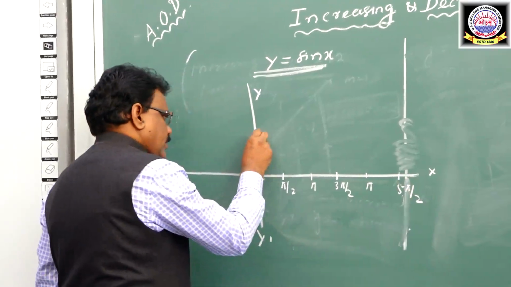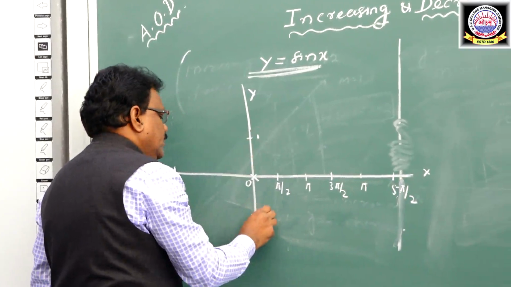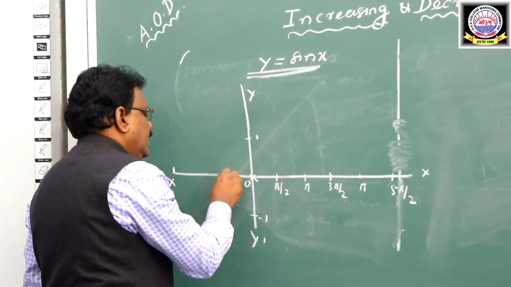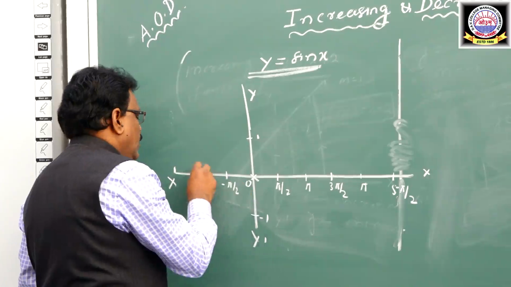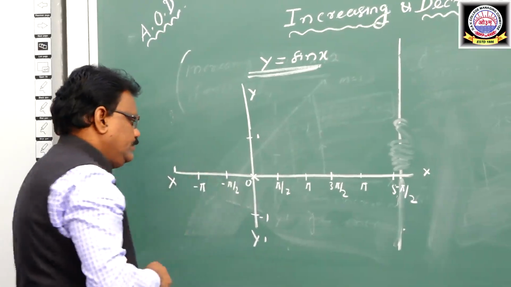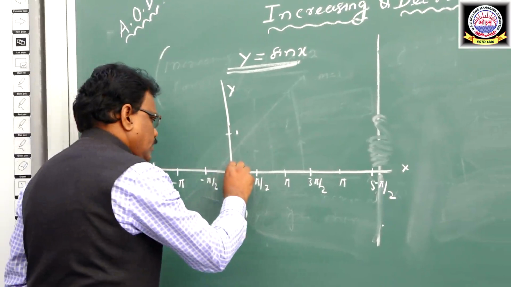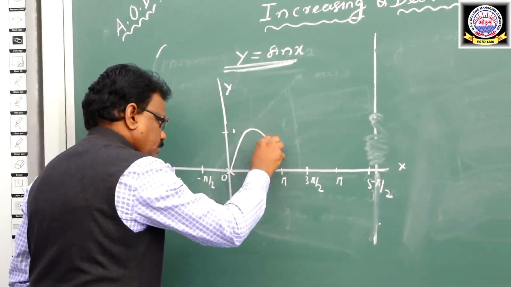The maximum value is 1 and the minimum value is minus 1. I can write here minus pi by 2 and minus pi also. So, the maximum value is 1, so we will go up to 1.